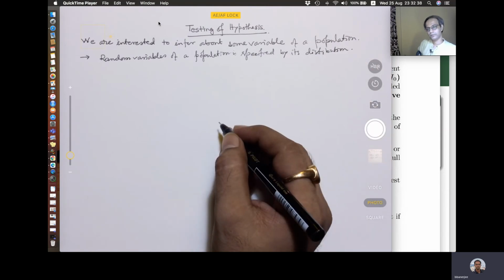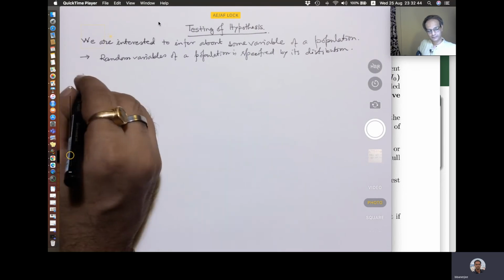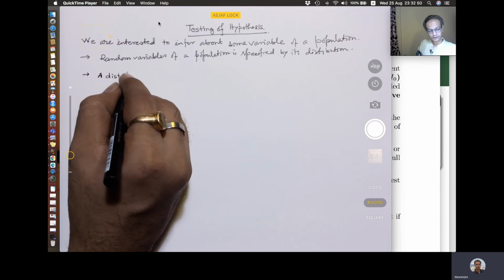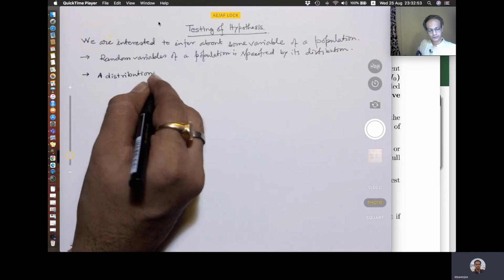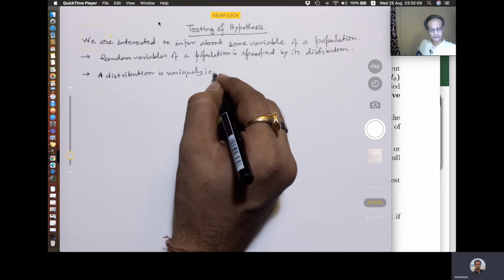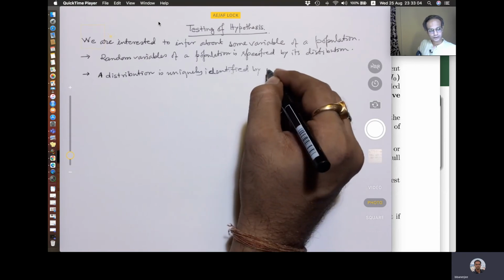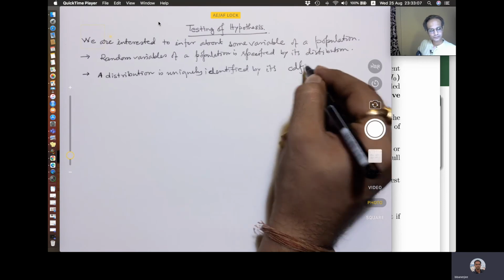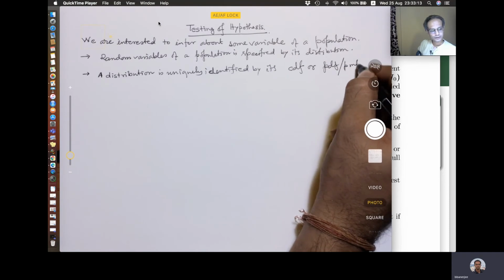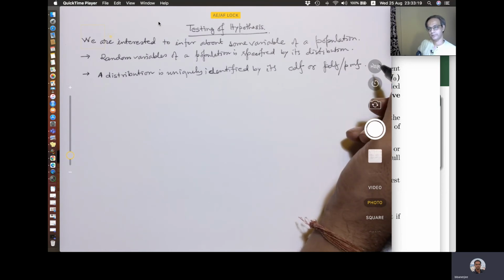And when we are talking about its distribution, a distribution is uniquely identified by its CDF or PDF or PMF, depending on discrete or continuous. If it is continuous, then by PDF, if it is discrete, by PMF.